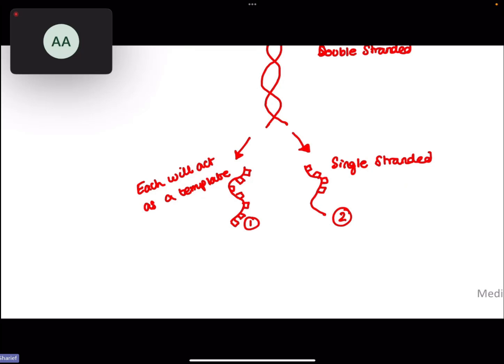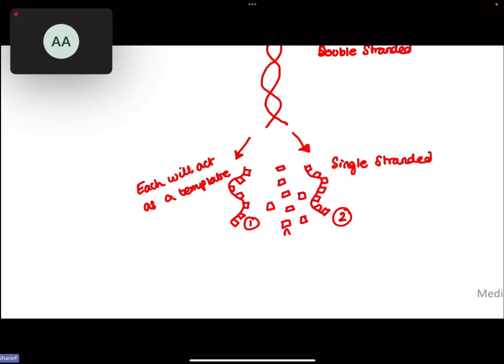Basically, in the blood, you have free floating base pairs of DNA, just random floating base pairs around.